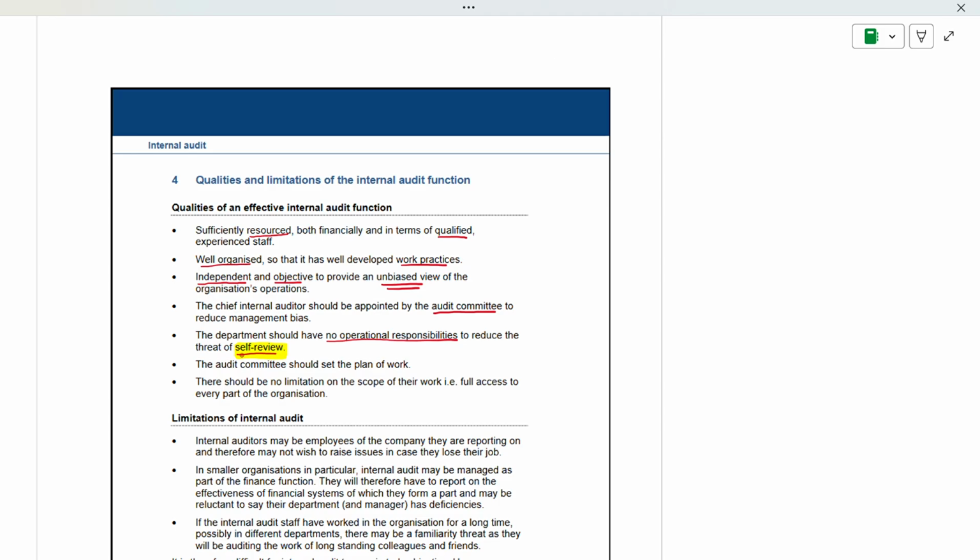The audit committee should set the plan of work and there should be no limitation on the scope of work. The internal auditor can go to any department and access any records. They have a free hand. These are the qualities of internal audit.